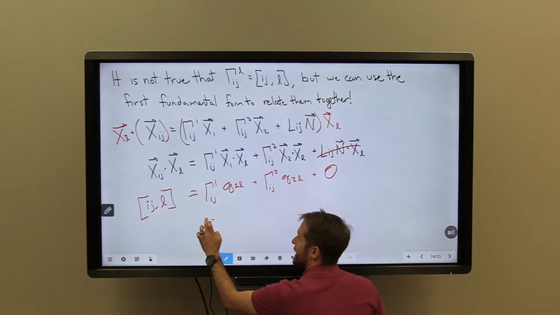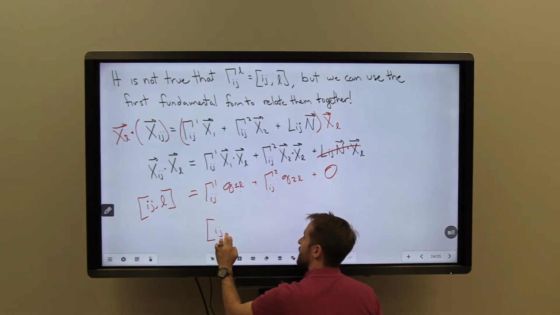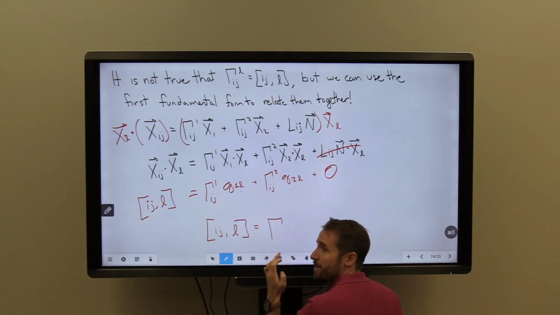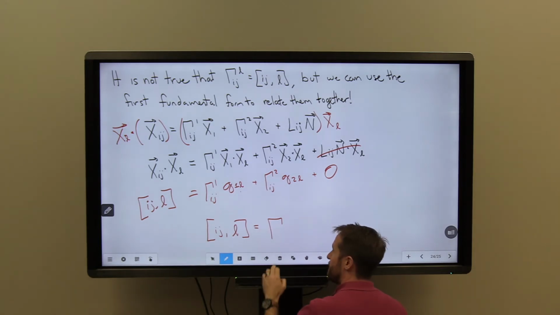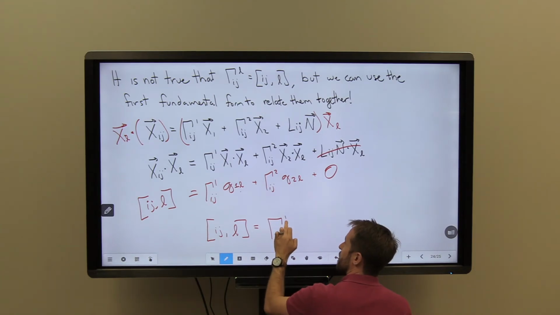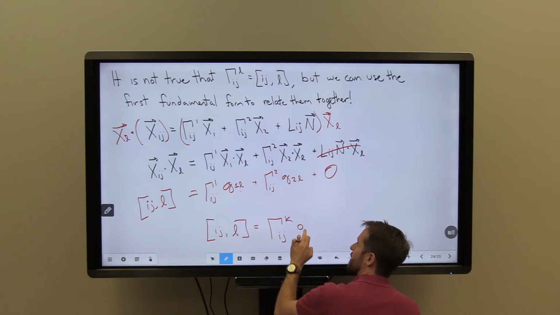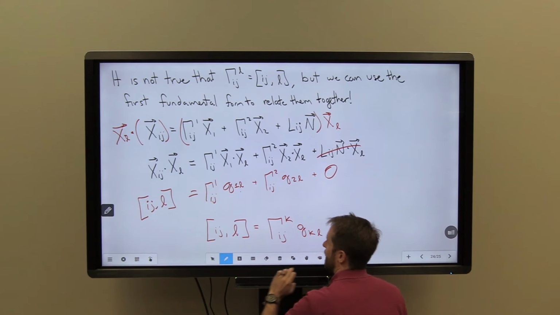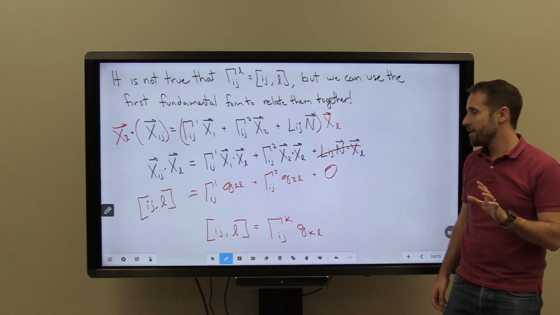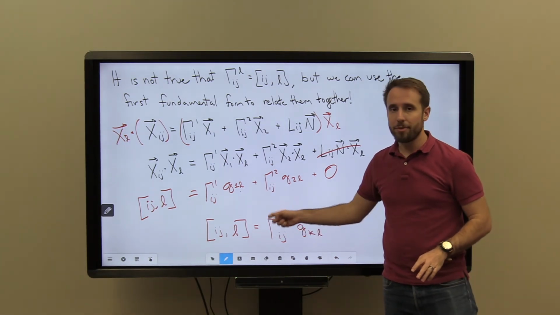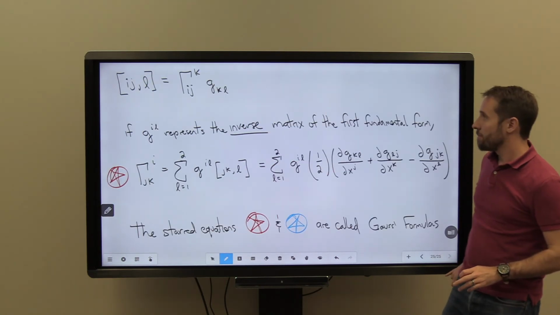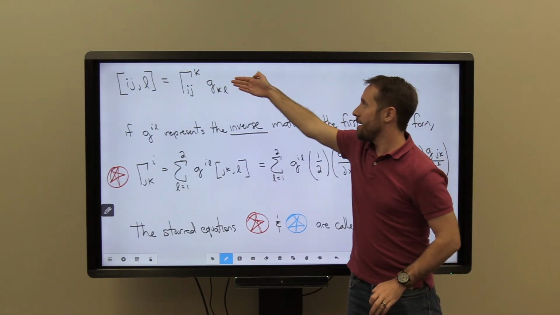So I can write this as ij comma l equals, and now this will be the implicitly defined sum. We'll have our ij down here, a k up here, times a gkl. And so what I'll get is this relationship between my Christoffel symbols and these brackets. Okay, and that's exactly what we see up here.